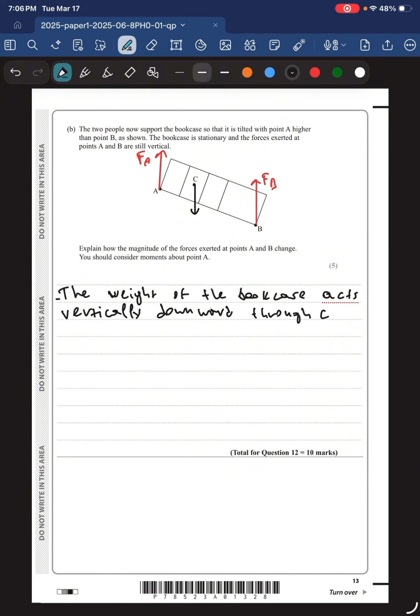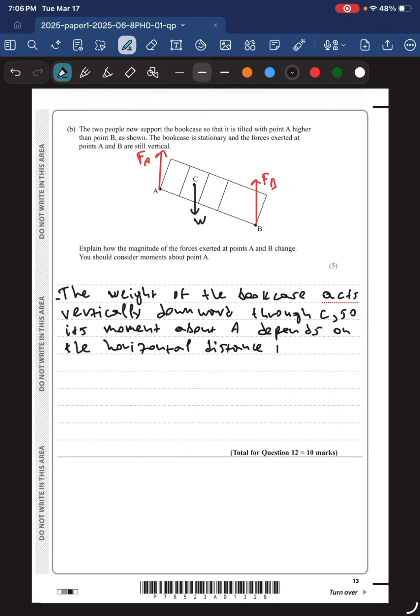Okay, so this is the weight. So its moment about A depends on the horizontal distance from A to C.